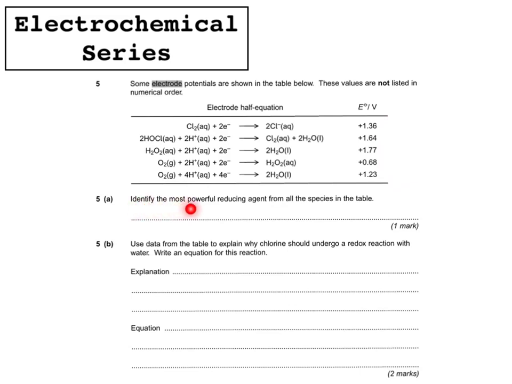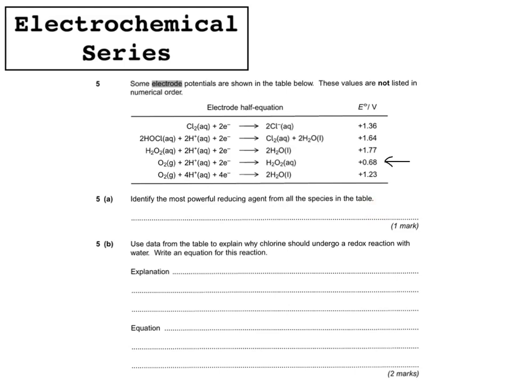It says identify the most powerful reducing agent from all the species in the table. The most powerful reducing agent is going to be the one that is oxidized most readily and therefore loses electrons most readily. The one that's going to lose electrons the best is going to be the most negative electrode, which, if you look down the list, is this one here, plus 0.68.